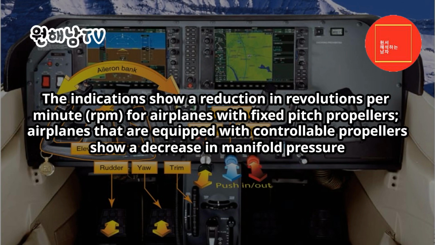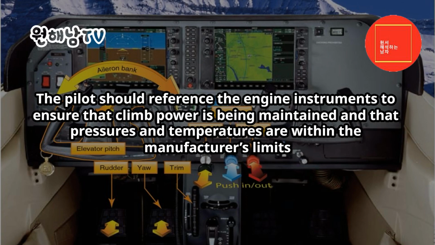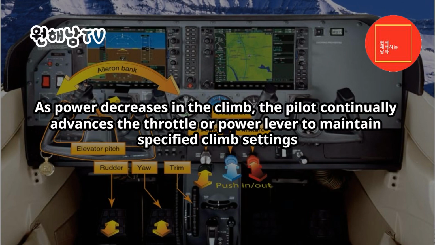The indications show a reduction in revolutions per minute (RPM) for airplanes with fixed-pitch propellers; airplanes that are equipped with controllable propellers show a decrease in manifold pressure. The pilot should reference the engine instruments to ensure that climb power is being maintained, and that pressures and temperatures are within the manufacturer's limits. As power decreases in the climb, the pilot continually advances the throttle or power lever to maintain specified climb settings.